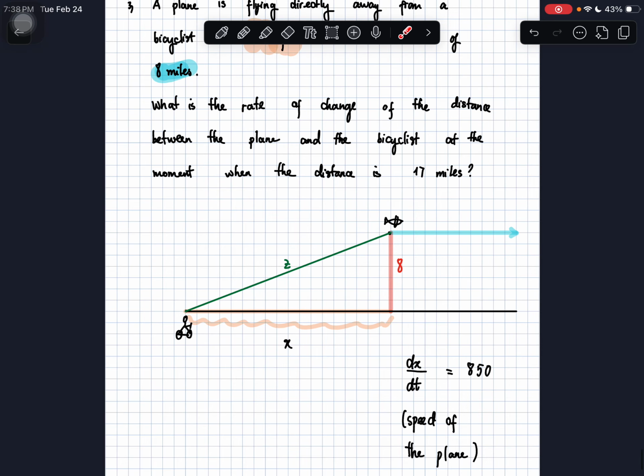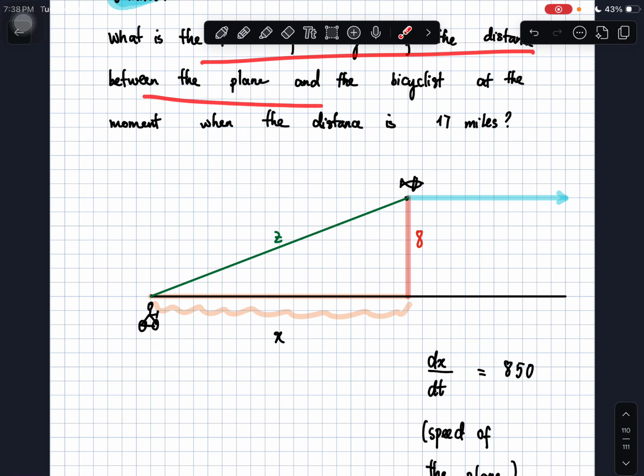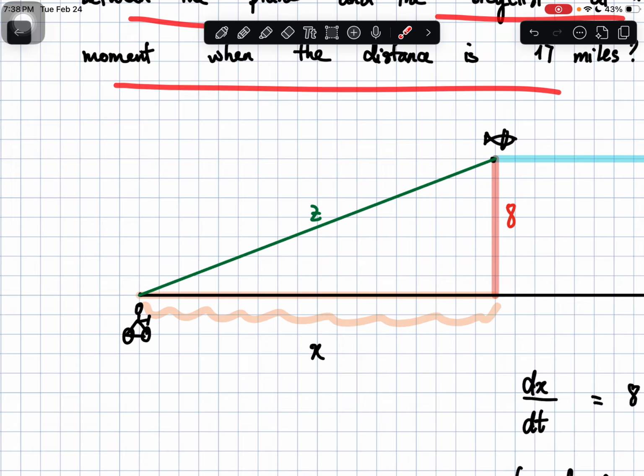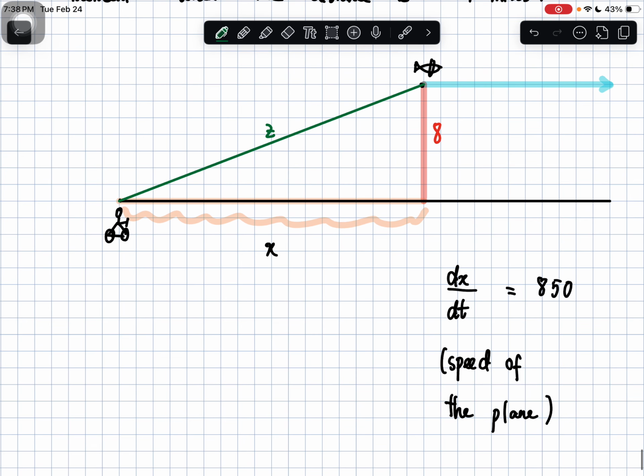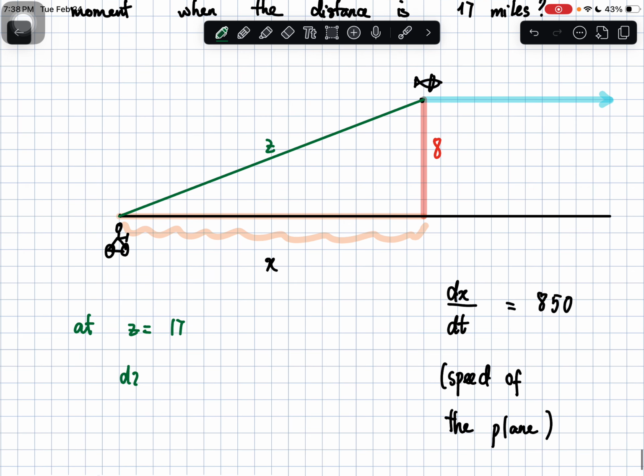Then we need to compute the rate of change of that distance at this moment. So when z is 17, we want to compute dz over dt.